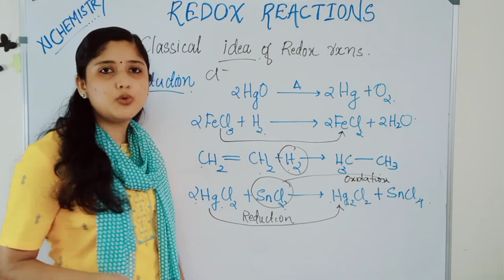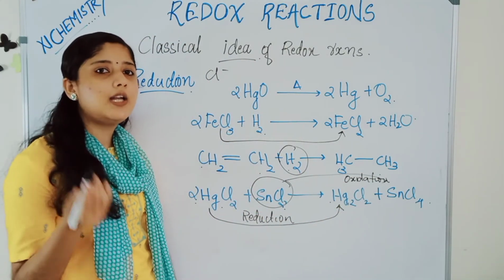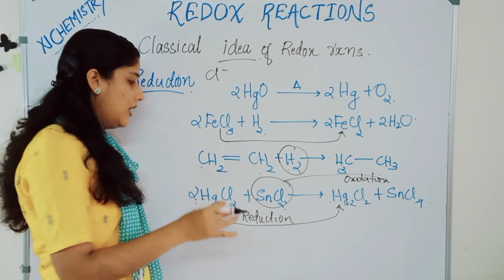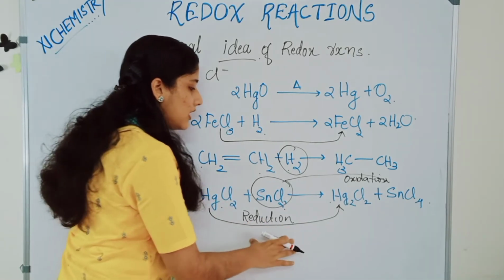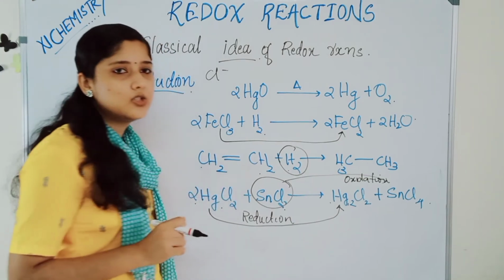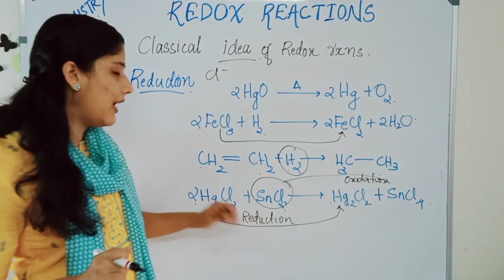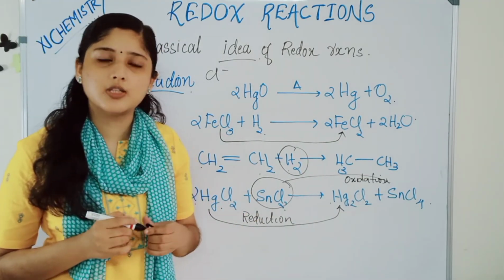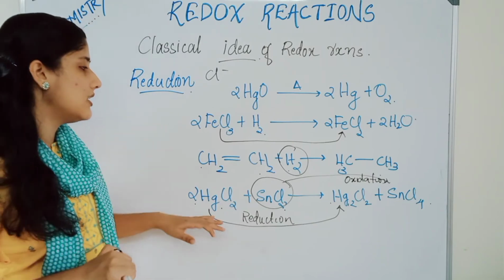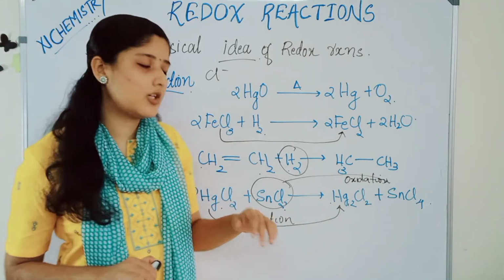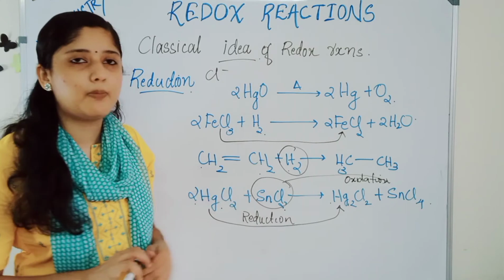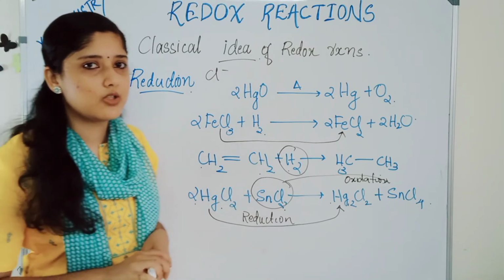SnCl2 changed to SnCl4, that is addition of an electronegative element. So in this reaction both oxidation and reduction happened. So we can define this reaction as a redox reaction. In reactions where both half reactions, oxidation and reduction, happen, it is known as a redox reaction.